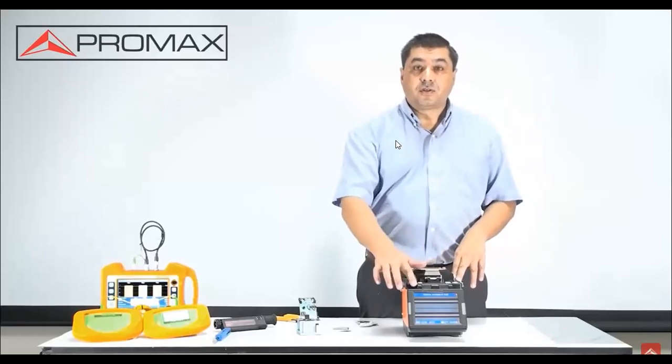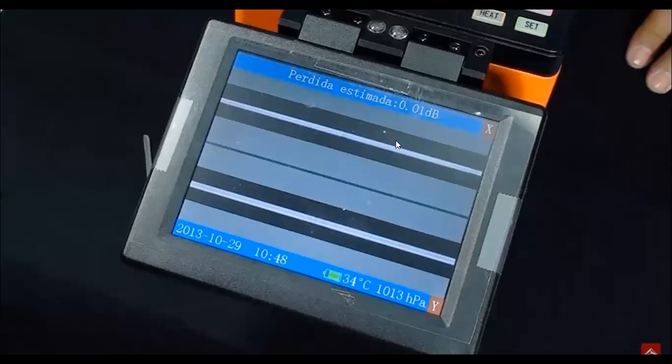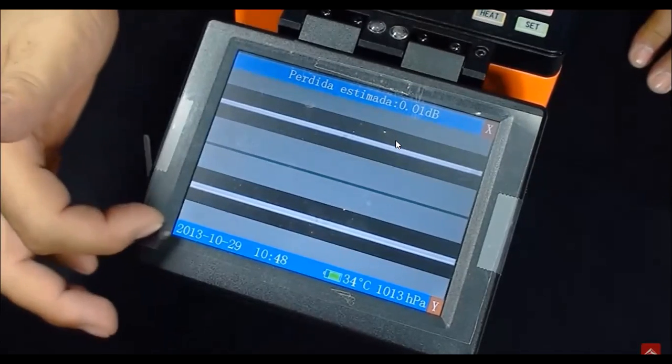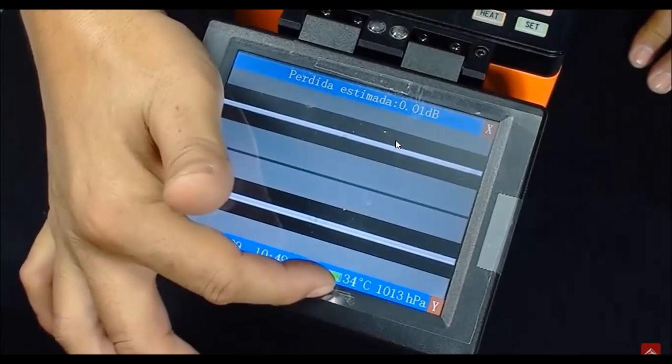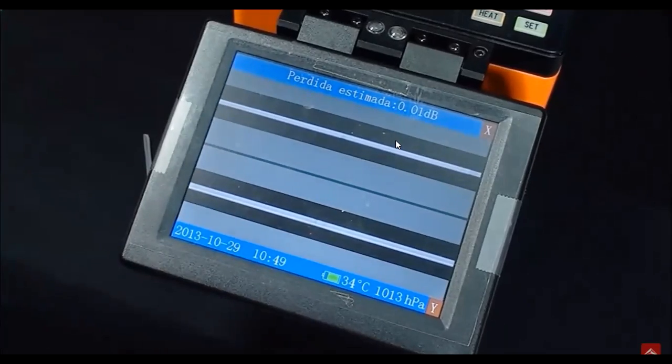After finishing the fusion splicing process, the device shows the fusion quality. We can see the estimated loss of 0.01 dB, therefore a lossless fusion. The device also stores date, time, temperature, and atmospheric pressure.